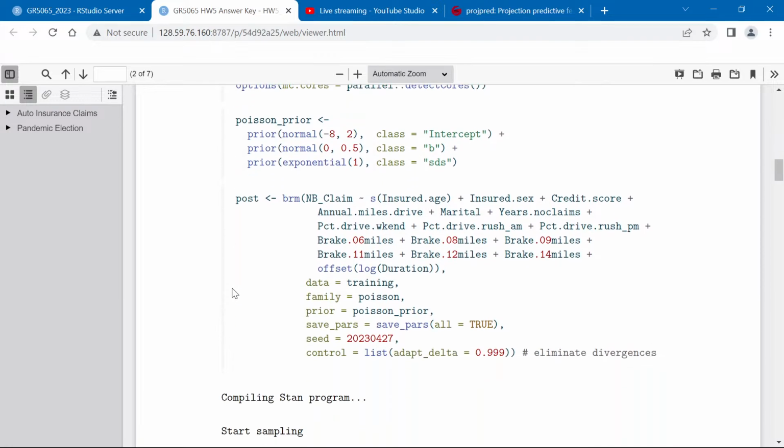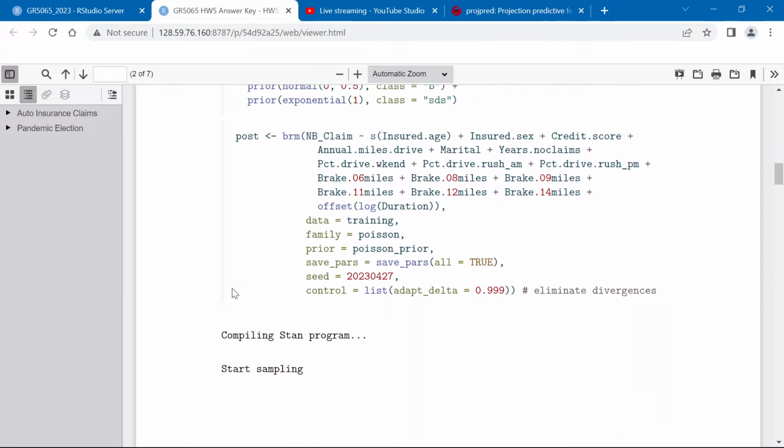And so, if we then do a Poisson model with a spline on the age of the insured driver, and a bunch of other things pertaining to them, inclusive of some stuff that would be routed by the app.